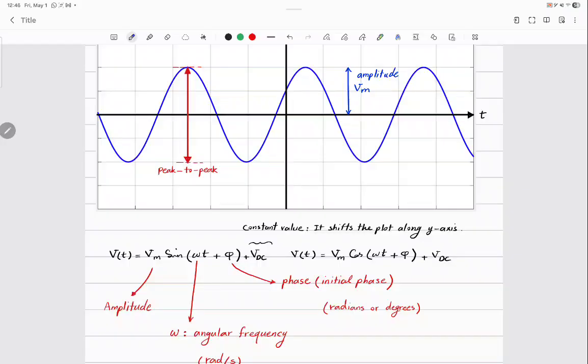And since sine and cosine are periodic functions, whatever is inside the parentheses of sine and cosine is going to change between 0 and 2 pi. After 2 pi, the behavior is the same, for example, 370 has the same behavior as 10 inside the parentheses. What is the unit?